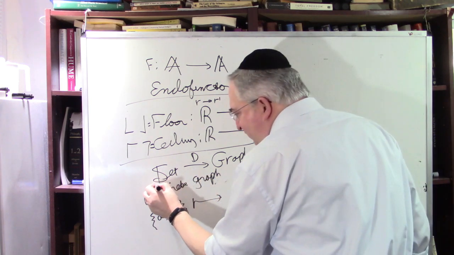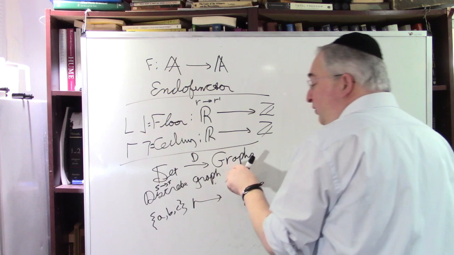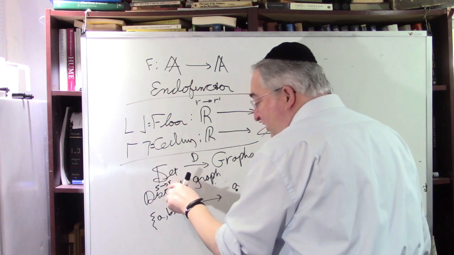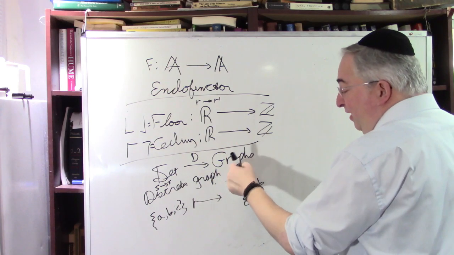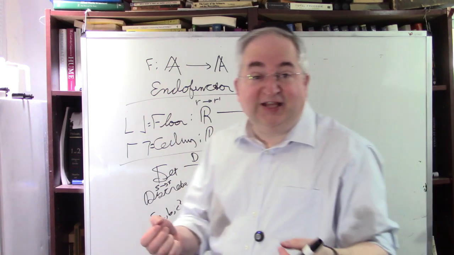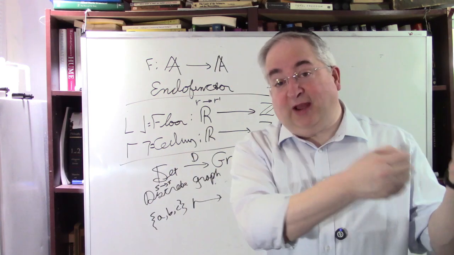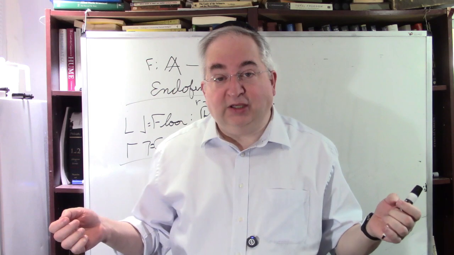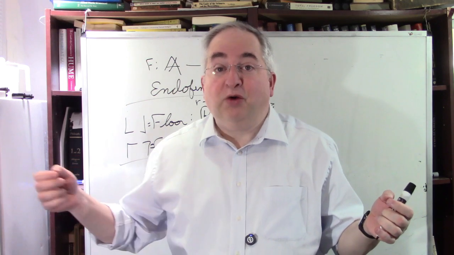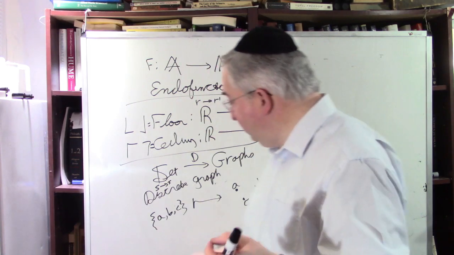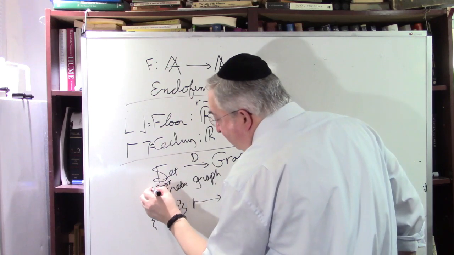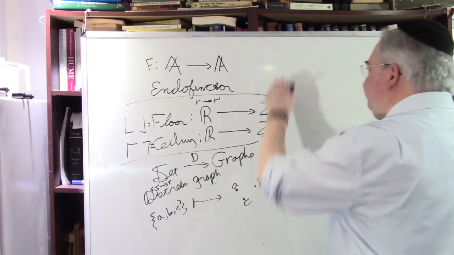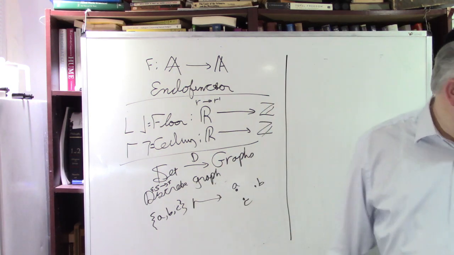So you have S to T. S goes to the discrete graph on S, T goes to the discrete graph on T, and the graph homomorphism just takes the objects of this graph to the objects of that graph. There are no edges here, and which object will it take to? Whatever the function says it should. So this function, little f from S to T, is going to describe this graph homomorphism. More examples.